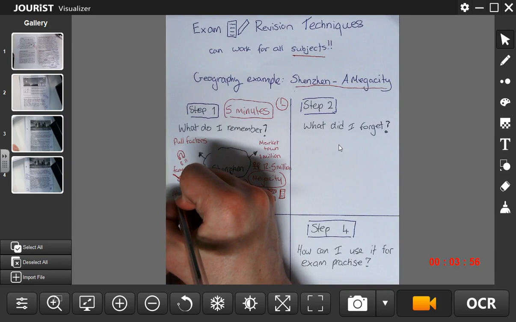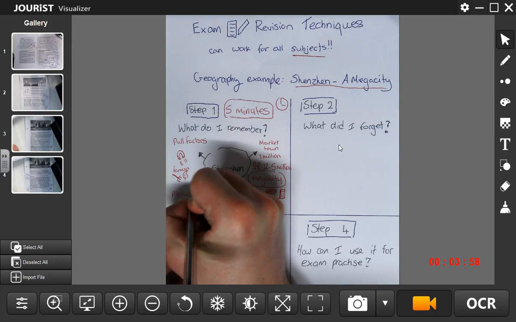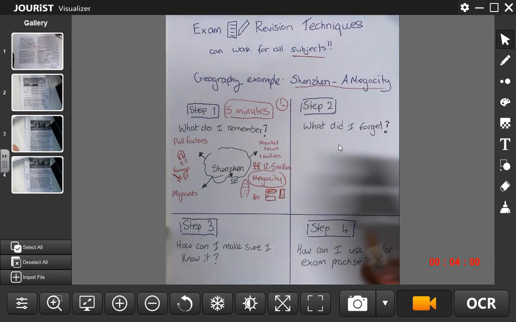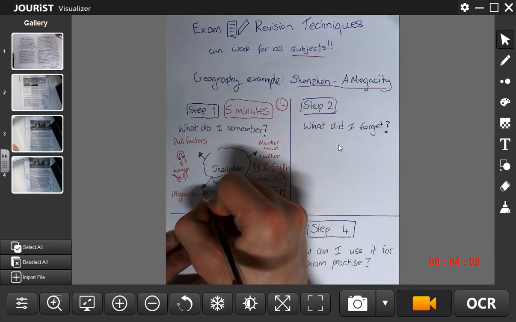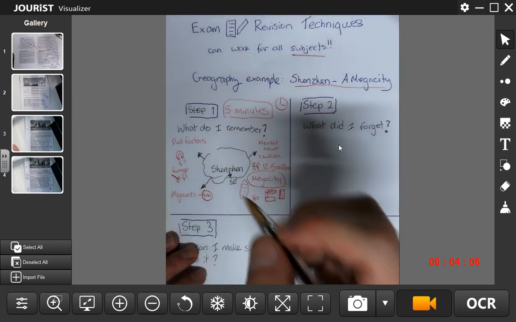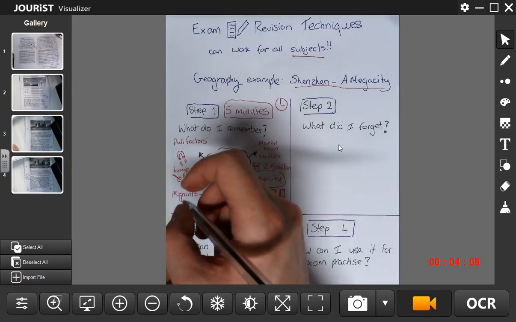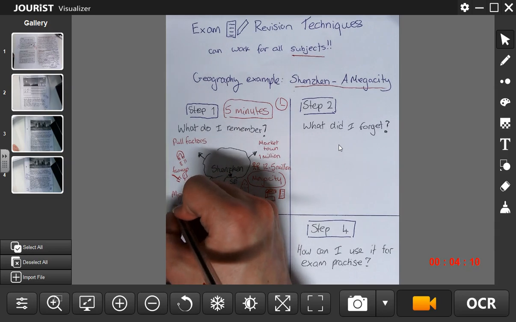So migrants live in Shenzhen, and there's a significant number of people in the city, around 4 million migrants living in Shenzhen. What we know is that they don't live in Shenzhen during the weekends. They only live there during the week.